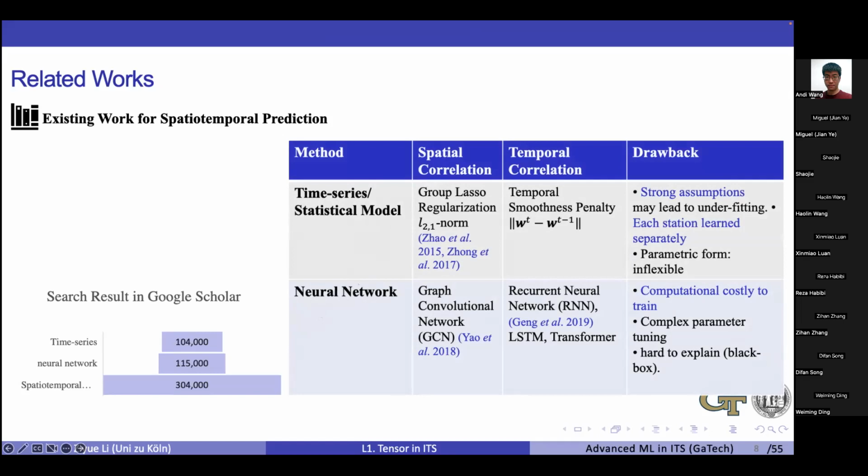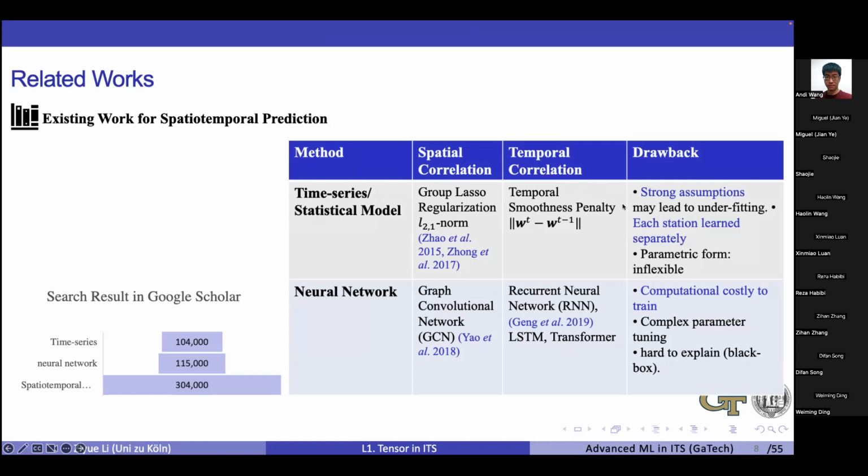Of course, neural network models can be very strong, but they are computationally costly to train, and it may not be easy to deploy them on the front line if there's no GPU or strong machine. So maybe it's not that practical to deploy them.